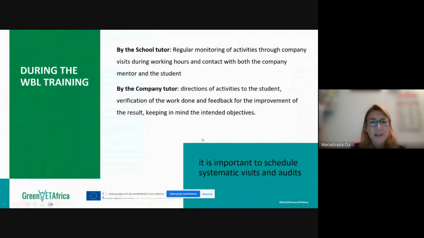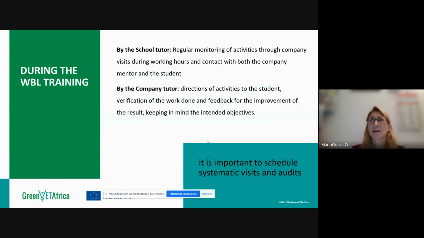Another very important thing that the company tutor has to do is to check the work that the student is doing, to give him or her feedback on the improvement of the result. Very important, both positive and non-positive feedback. In this second case, with the opportunity to understand what is going wrong and how to better the work.